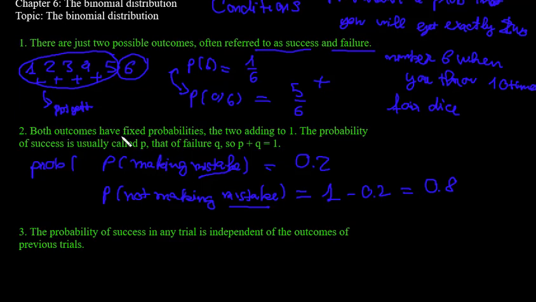And both outcomes have fixed probabilities. It means that if on the first day you say the probability of getting a 6 is 1 over 6, and on the second day you say the probability of the die has changed and is now 0.5, that would not be the case.